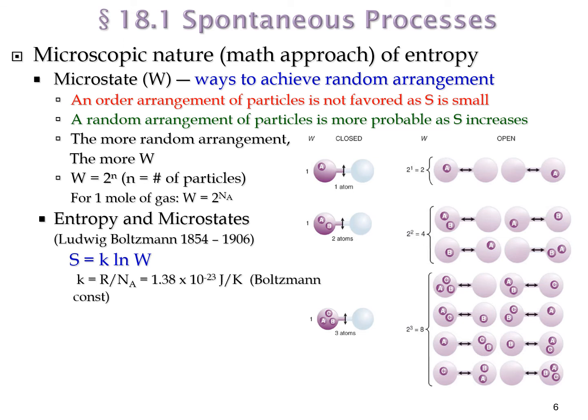That constant turned out later to be the Boltzmann constant. We named that constant after him. And it turned out to be the universal gas constant divided by the Avogadro number.